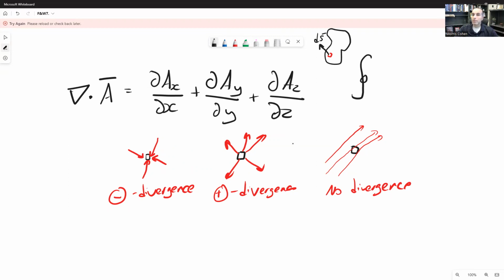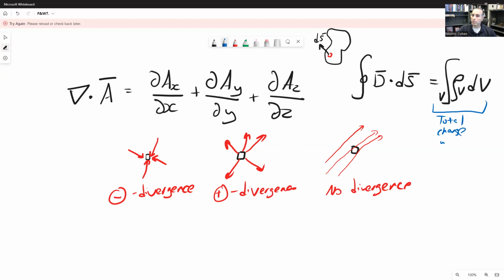If we walk around the surface of this entire object, and that's why we have a circle right here in this integral, and take D at every location and dot it with the little surface vector, that's going to equal the total charge that's inside the volume or inside of that shape, right? So it's the integral over the entire enclosed volume of the volume charge density. So this right side is just the total charge within. And this left side is the total outward flux.